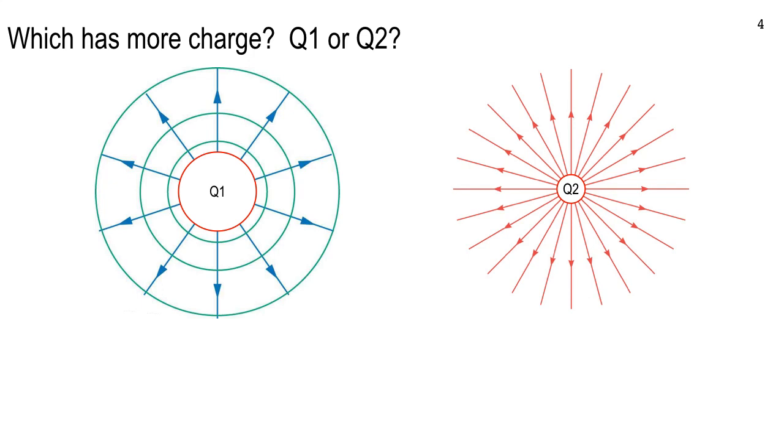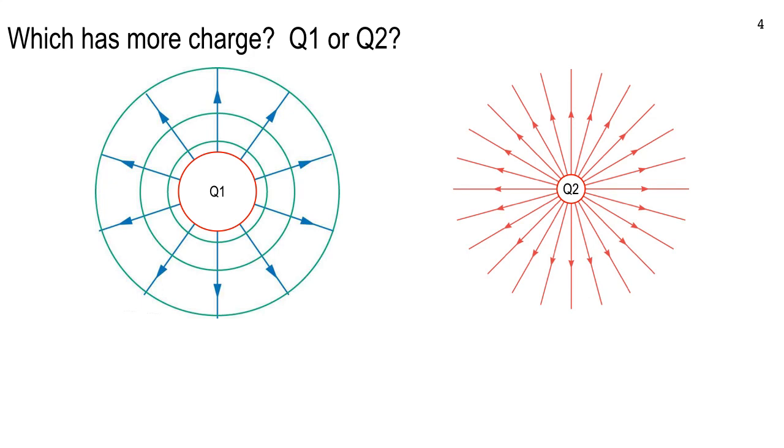Okay. Pretty good. Q2 is the one with the bigger load of charge. Who would like to stand up and give an explanation of why that is the correct answer?